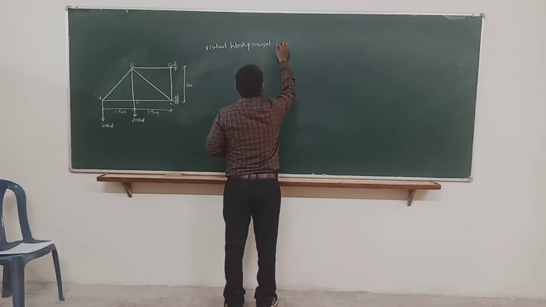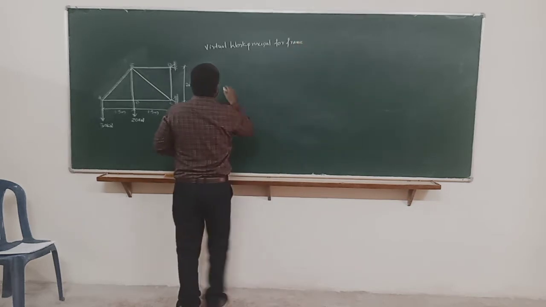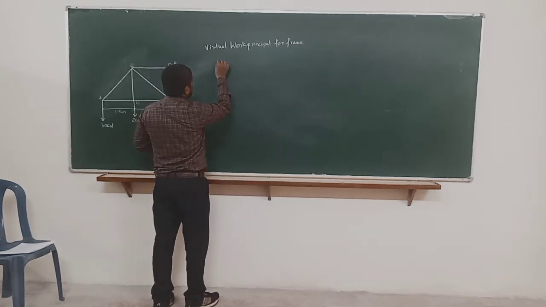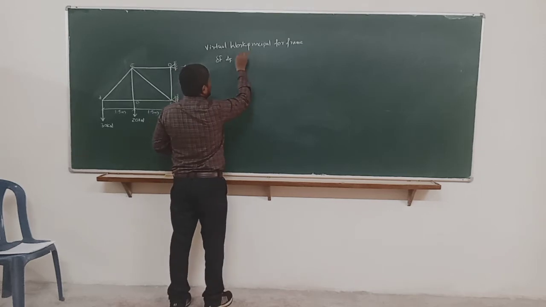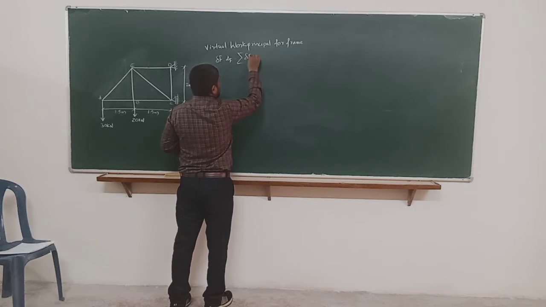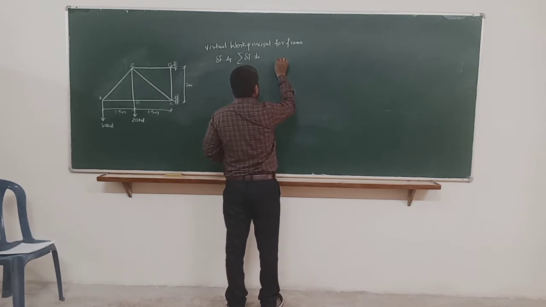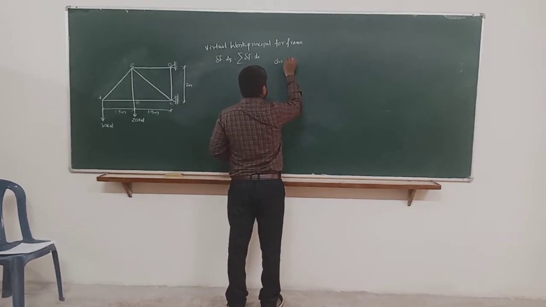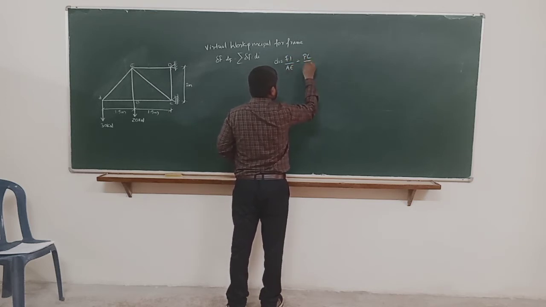Right now we are studying it for trusses, wherein we have already developed an equation: del f into delta f is equal to summation of del fi into di. We already know that the formula for d is nothing but FL upon AE, or abbreviated as PL upon AE.